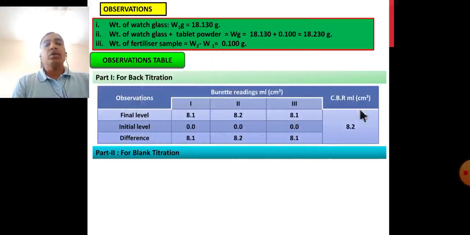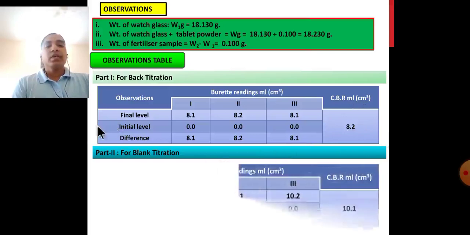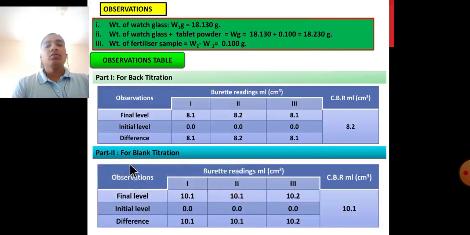Observation table for the back titration. Burette readings: final readings are 8.1, 8.2 and 8.1, and the difference between initial and final is 8.1, 8.2 and 8.1. That is, the constant burette reading CBR is 8.2 ml. Second, the observation table for the blank titration.